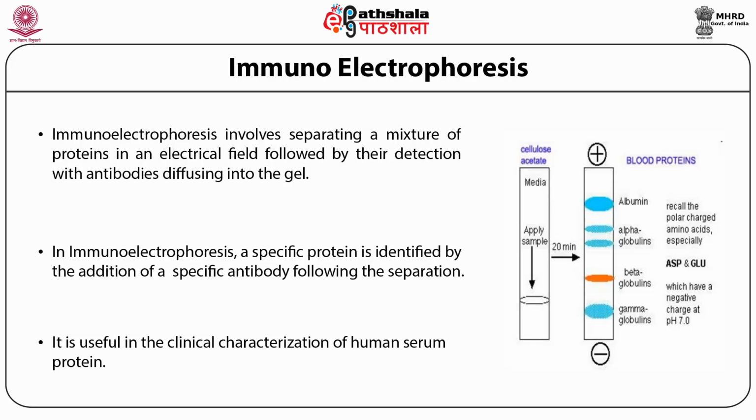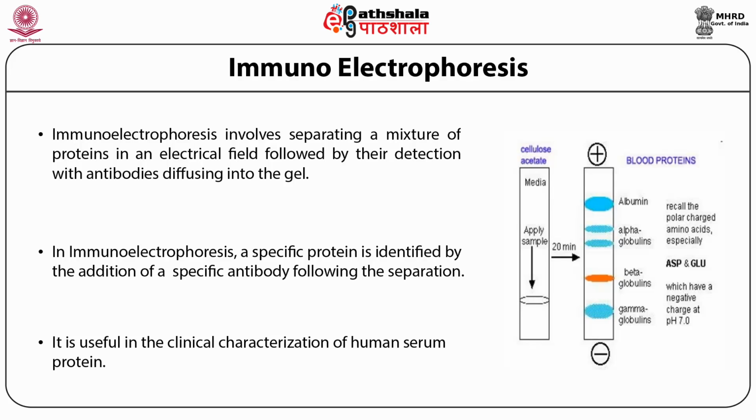From this you can see almost 5 types of serum proteins in the blood of an individual. First is albumin, then alpha globulins, beta globulins, and gamma globulins. These gamma globulins are nothing but the immunoglobulins. The concentration of each protein can be assessed by densitometry.